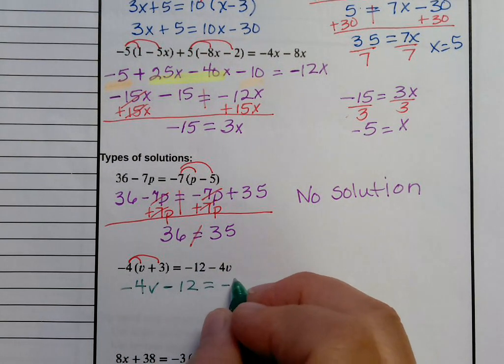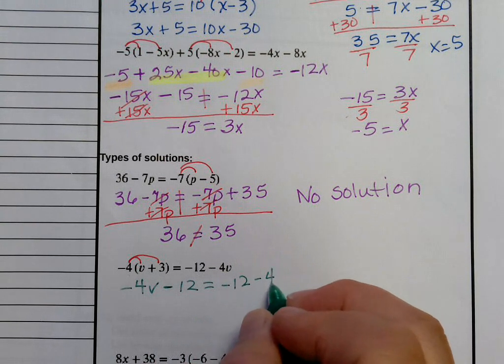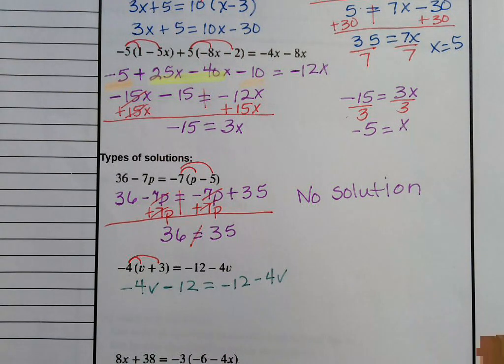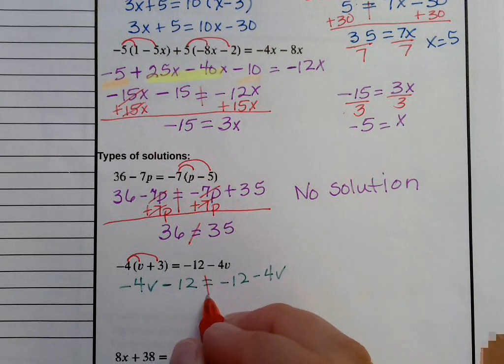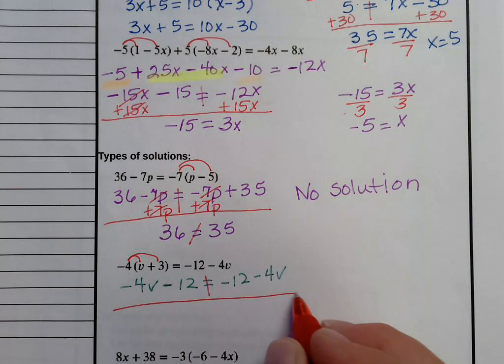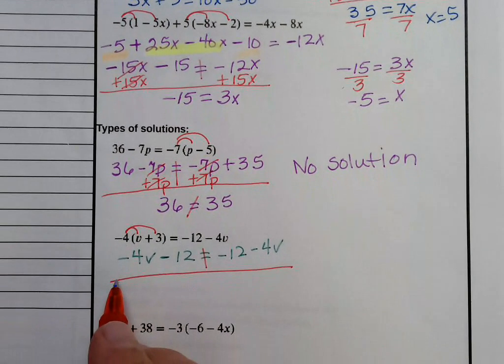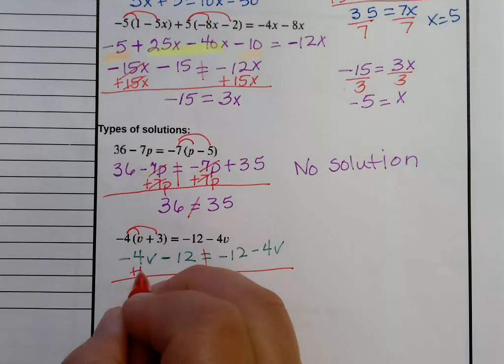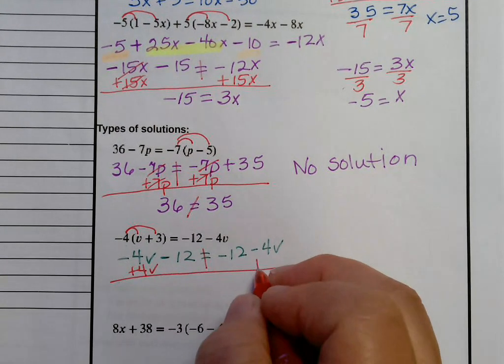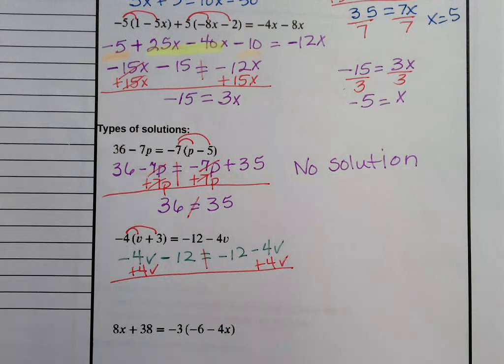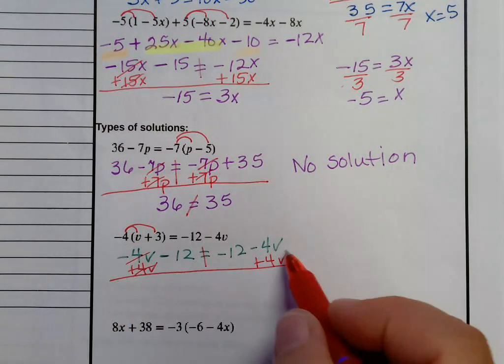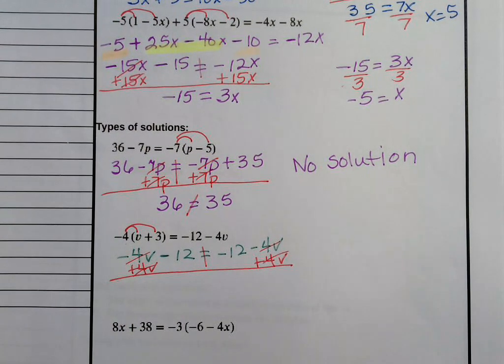Okay, on this side I've got -12 minus 4v. Okay, start off eliminating your variable. The opposite of -4v is +4v. +4v over here. I've eliminated it on both sides, just like I did last time.